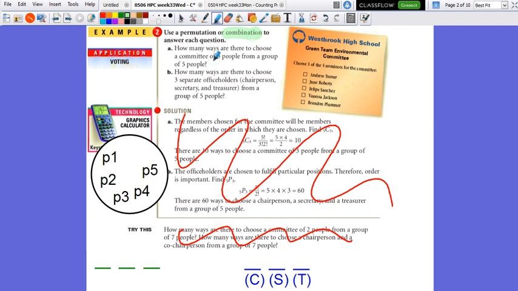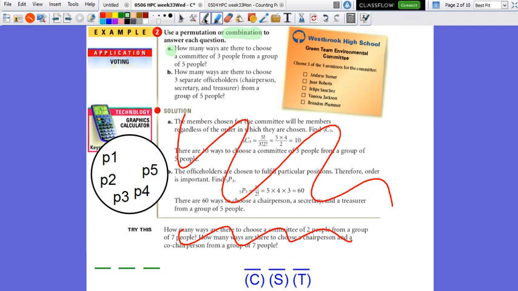If you look at these two examples, A and B, which one is the one where order doesn't matter? You can pause the video and think about it. Order doesn't matter for choice A, because you're selecting just 3 people from a group of 5 people, so you don't care what order those 3 people are in.